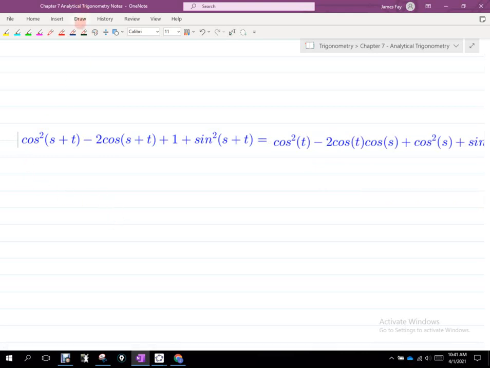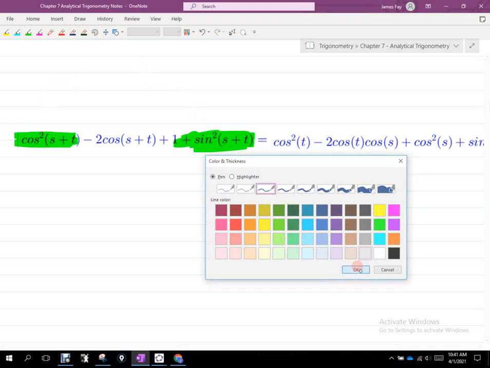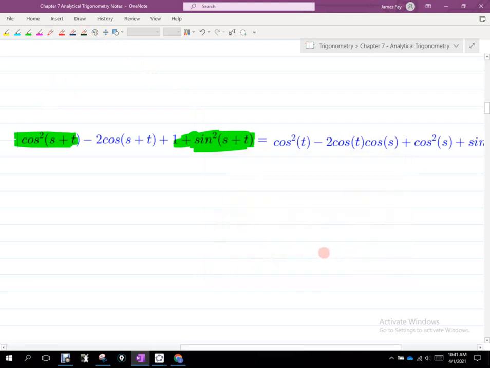Okay, and now I'm going to look at this left-hand side. What does that right there turn into? Okay, so cosine squared of s plus t plus sine squared of s plus t. And s plus t is just some value, right?